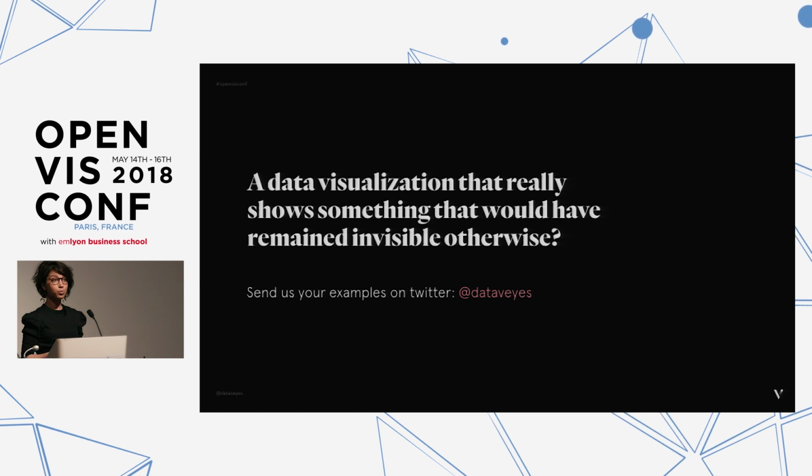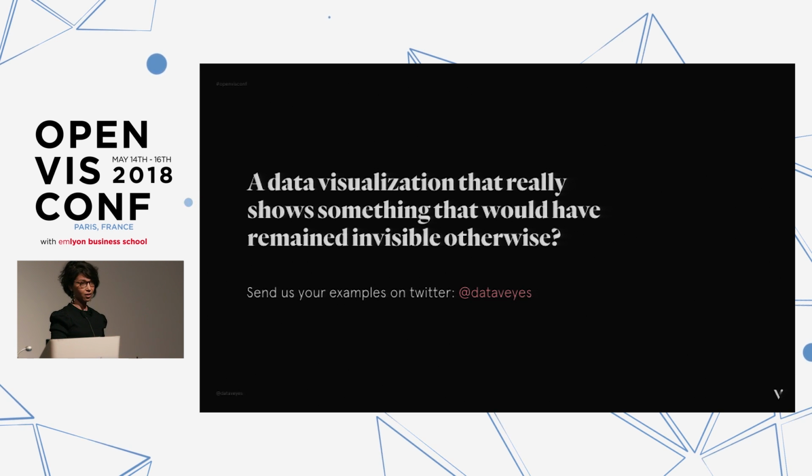Examples that we would not have been able to guess without the data visualization. It was quite hard, because most of the time I think data visualization is better to highlight than to reveal. And looking for examples where data visualization is really the thing that creates the information is quite difficult.